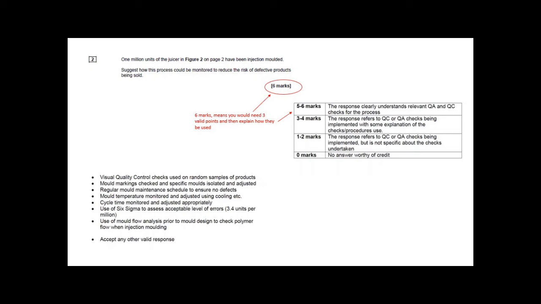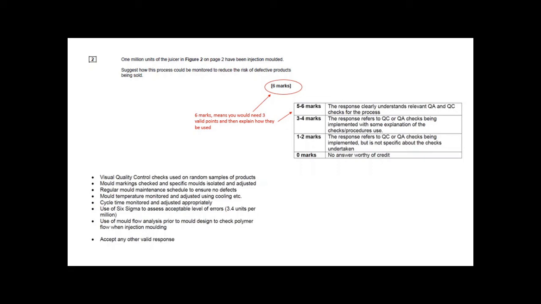Cycle time monitored and adjusted appropriately, so that will be making sure that enough time has gone where the plastic has been melted down, it's been put into the mold, it's been left to cool the right amount of time. Use of Six Sigma to assess acceptable levels of errors, so it's 3.4 units per million. So from a Six Sigma perspective, those are the steps to ensure as little error as possible in the manufacturing process.